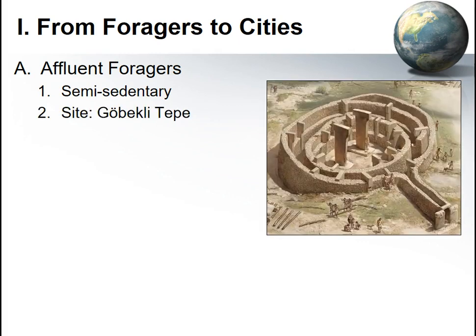One site to note that demonstrates this is in modern Turkey, a place called Göbekli Tepe, where they had built what appears to be a kind of temple, a structure that was designed for some sort of spiritual purpose. But again, the main idea here is this was a site that people returned to over and over again, suggesting a kind of semi-sedentary life way.